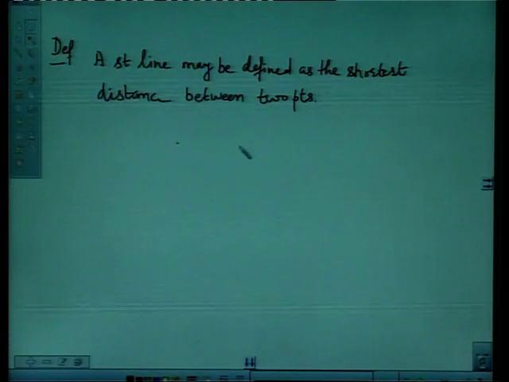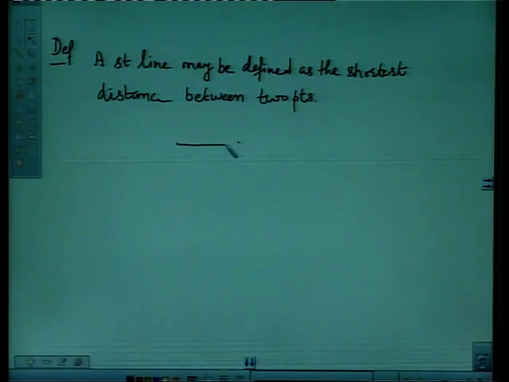Means these are two points and the distance between two points is called a straight line.